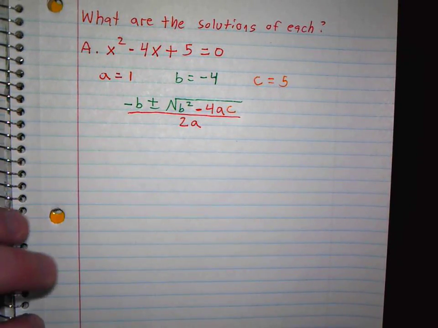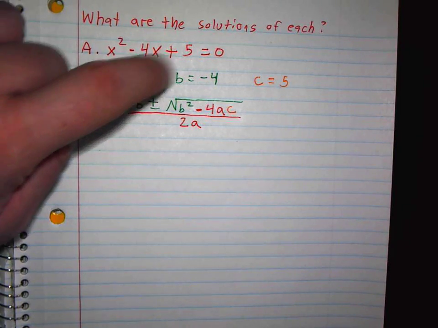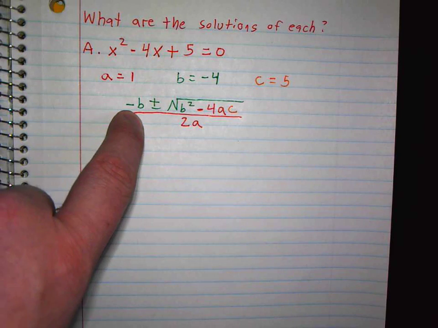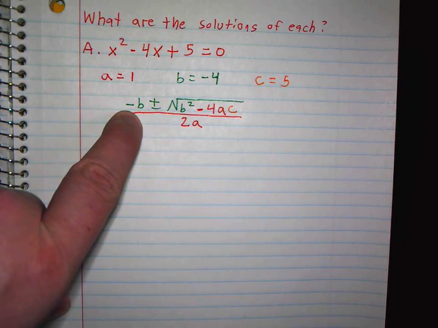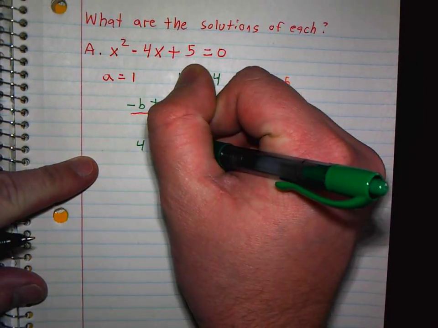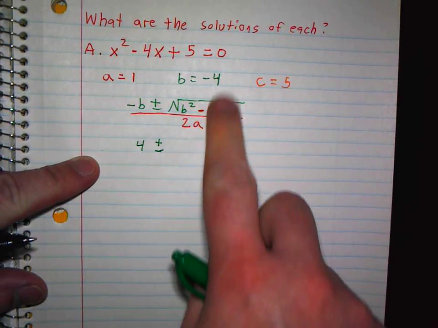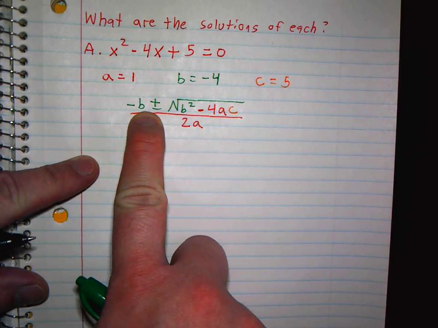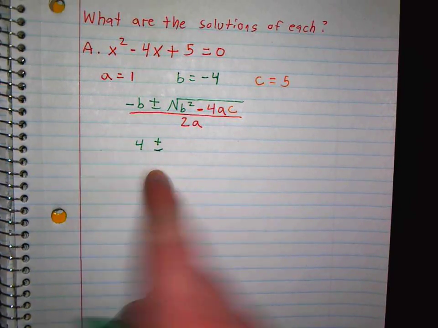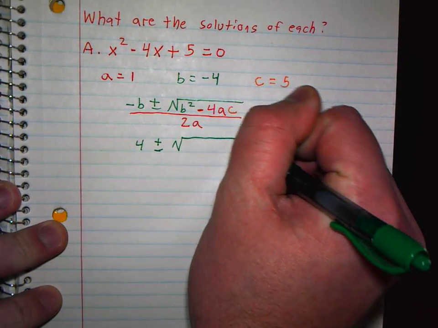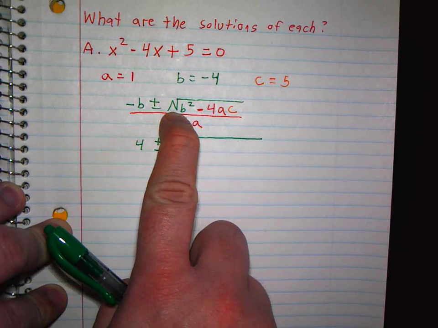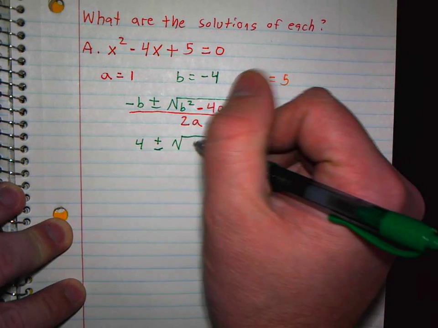All right, so we have negative b. B was negative 4, so this would become negative negative 4. And what is negative negative 4? 4, okay? So the negative negative 4 makes plus 4. Second, what is negative 4 squared? Good, 16, okay?